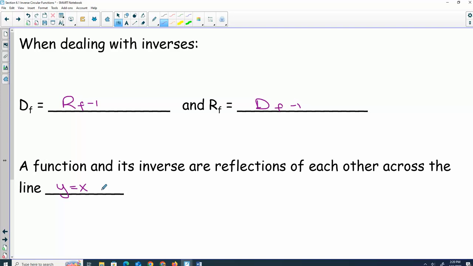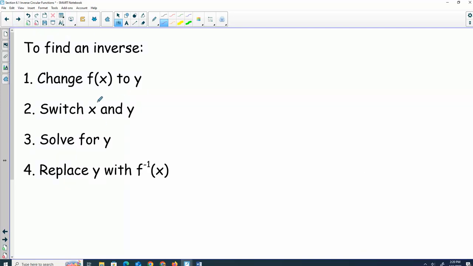And in algebra, when we found inverses, we had all these steps that we went through. Okay, we're really not going to go to that much. We're not doing that much with them here, but it seemed like a good time to review a couple things. So remember, in finding an inverse, it was written in function notation. We changed that f of x to a y.